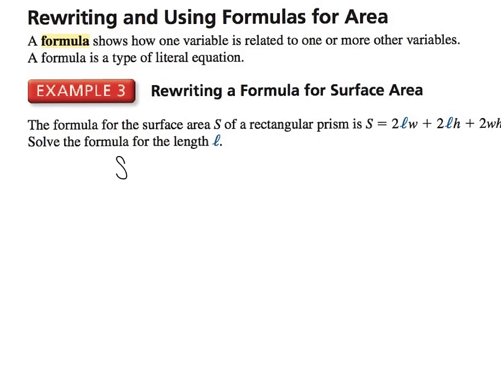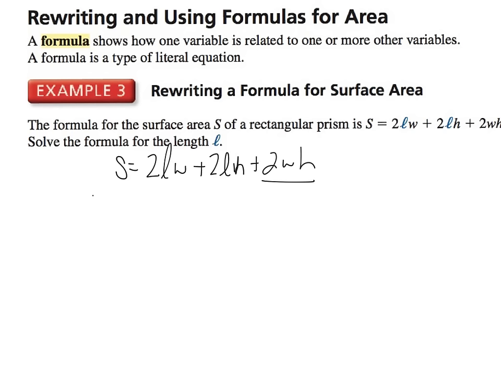So we have S equals 2LW plus 2LH plus 2WH. The first thing I want to do is move all the terms to the other side that do not have an L in them, which means I'm going to subtract the 2WH.